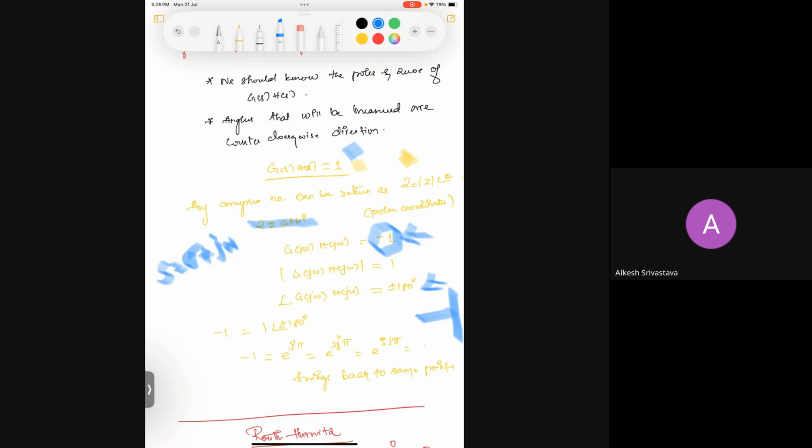What is your doubt, Dhruv? How did the angle of GH become plus or minus 180? Yeah, that's what. When you see a polar coordinate, this will be your theta, this will be your j omega, right? I will write in pen.